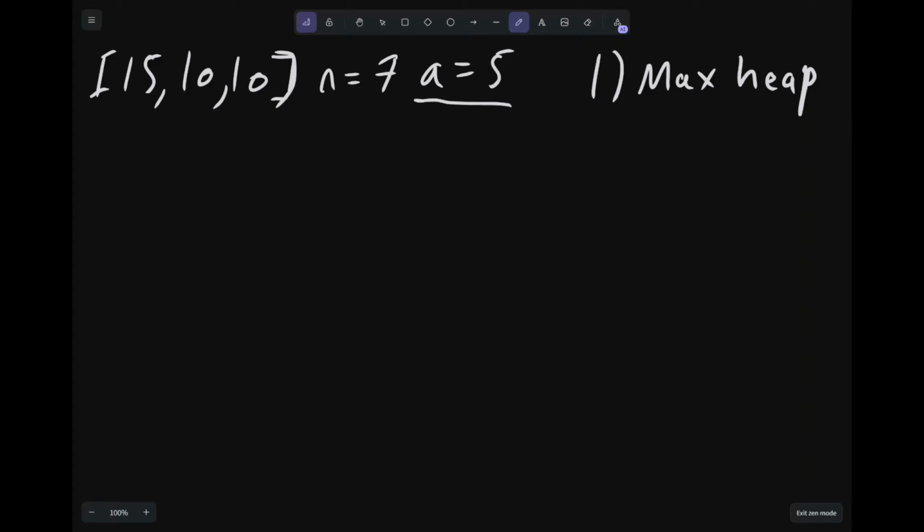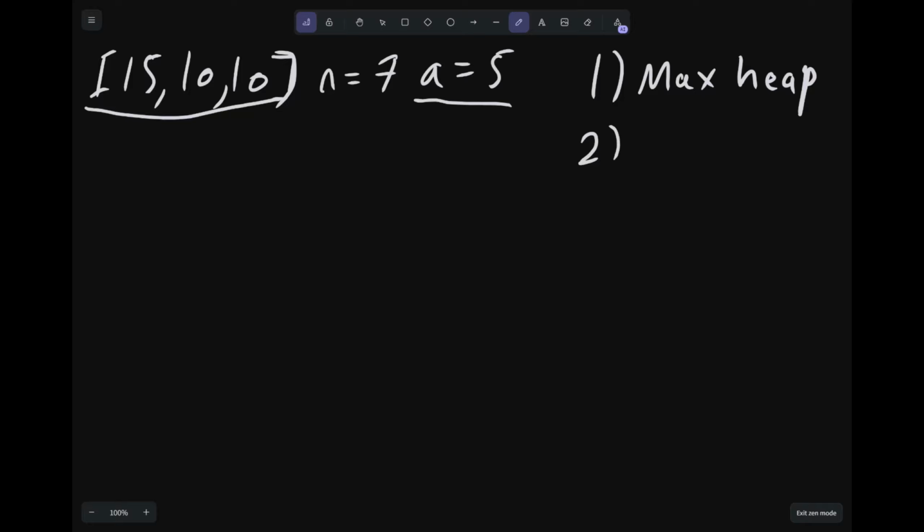And the second key intuition right here is that when we're dividing, it's always going to make the amount of items here increase by 1.